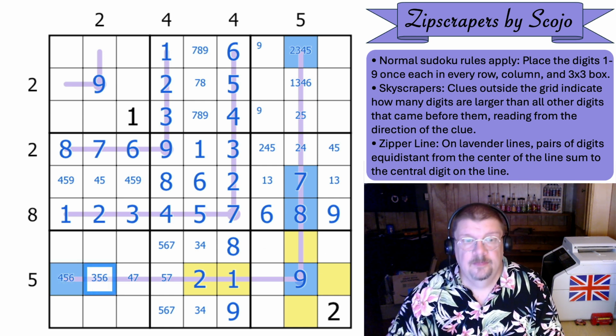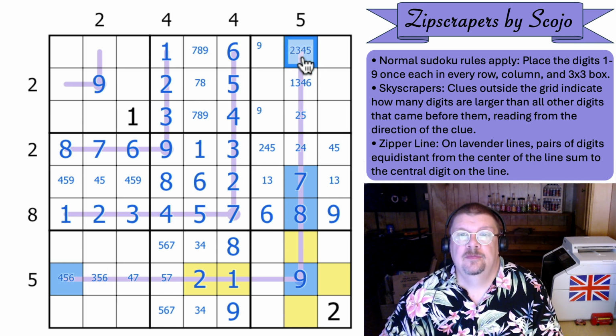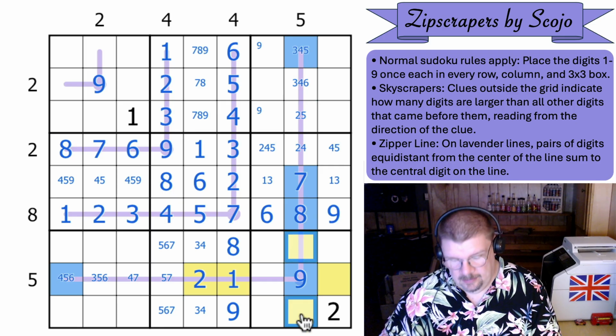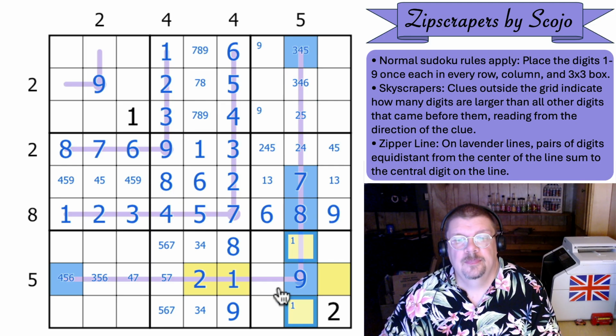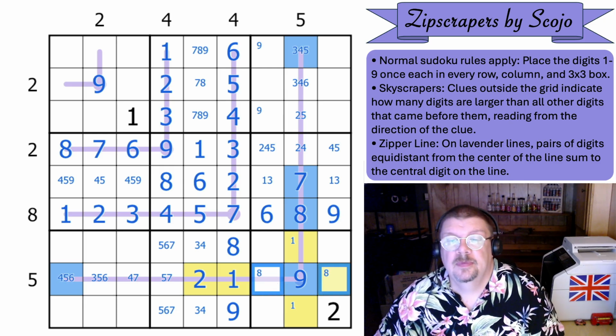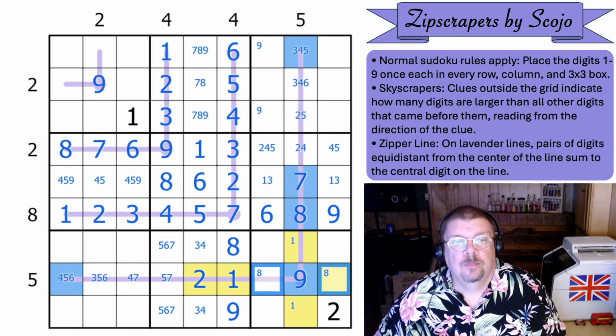So that can't be an 8. So that 7 removes 2 from here, and removing the 8 removes a 1 from here. So that places a 1 in one of those two, and an 8 in one of those two. And that all seems reasonable.